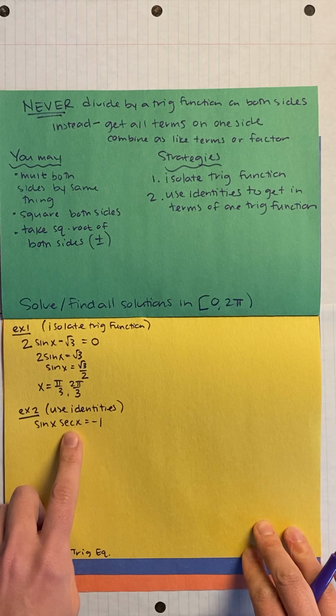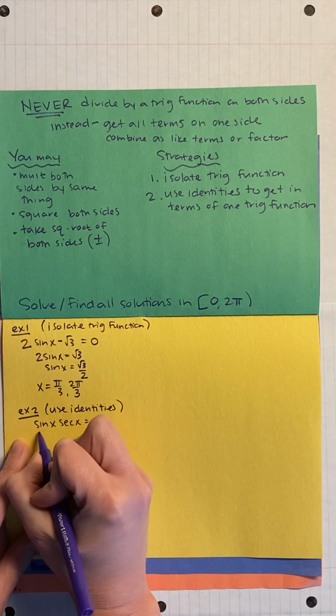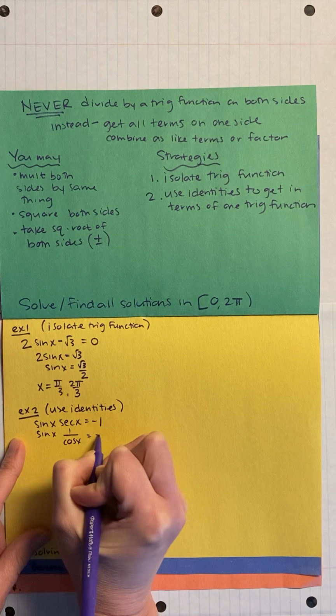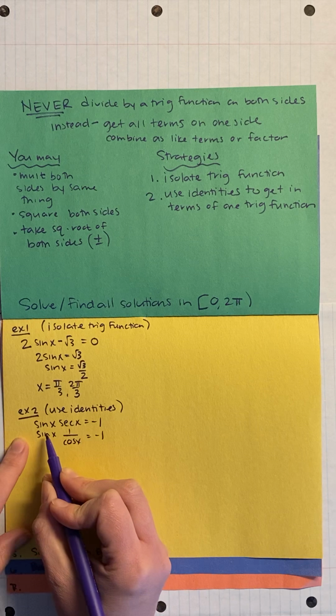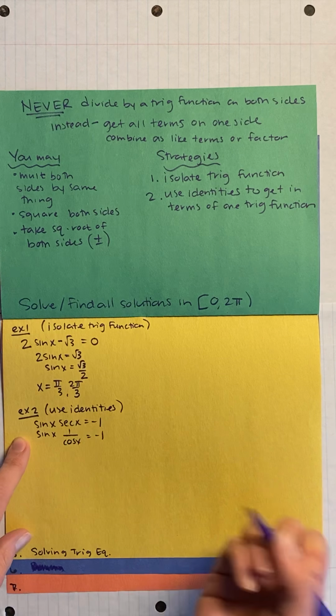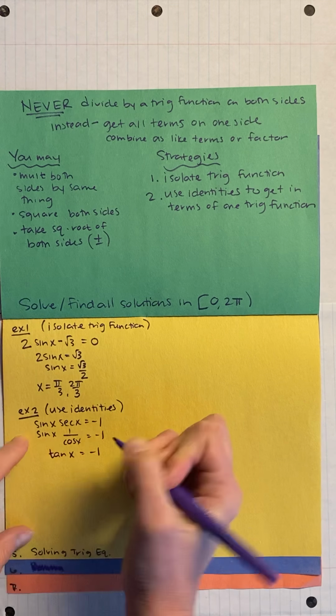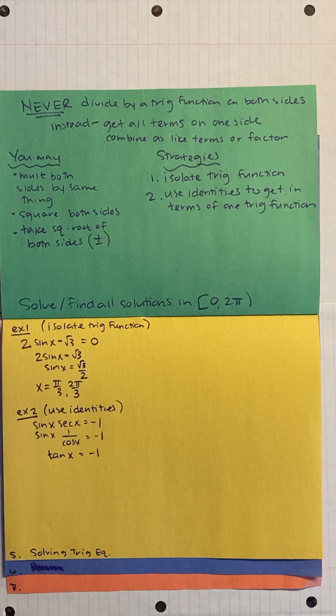The first thing I notice is that secant is 1 over cosine. And then sine over cosine, I could really rewrite as tangent. So you're looking for where tangent, where y over x, is equal to -1.